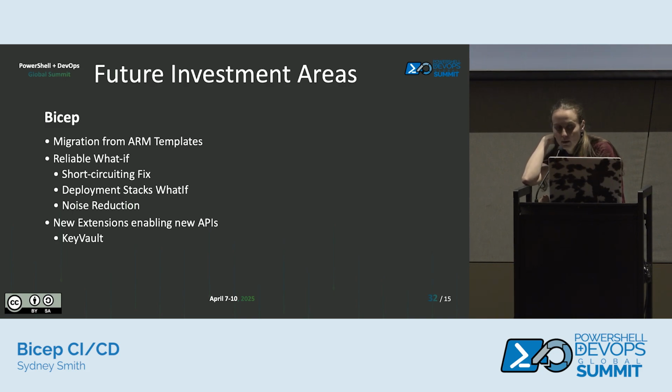Also working on some improvements to what-if. If you have any questions about that, Angel's in the back row and can give you the rundown, but the short of it is deployment stacks are getting what-if, and some significant noise reduction, so more accurate results that you're getting back that are actionable, and that goes into the short circuiting fixes as well.